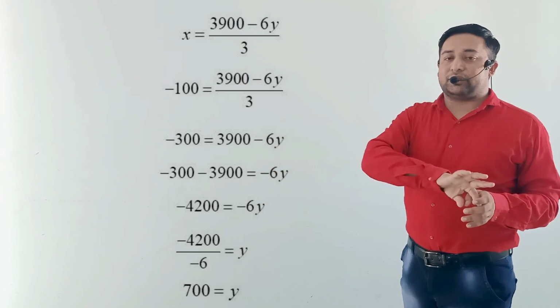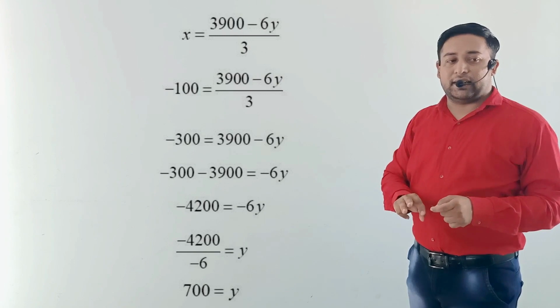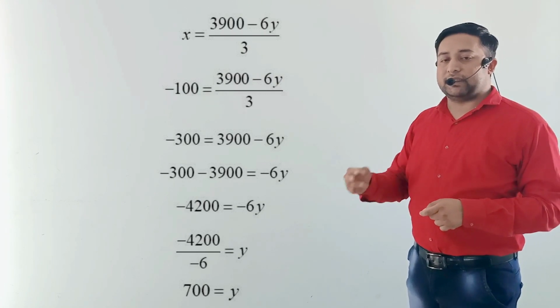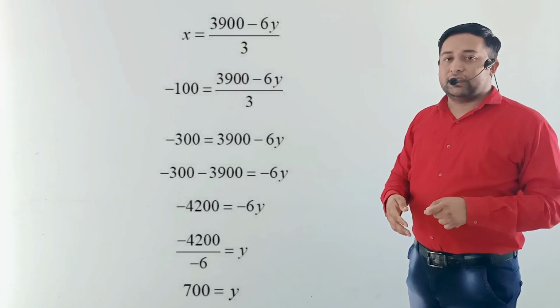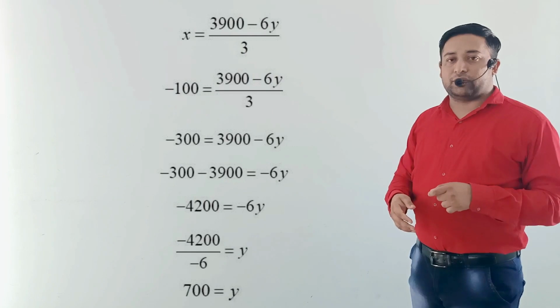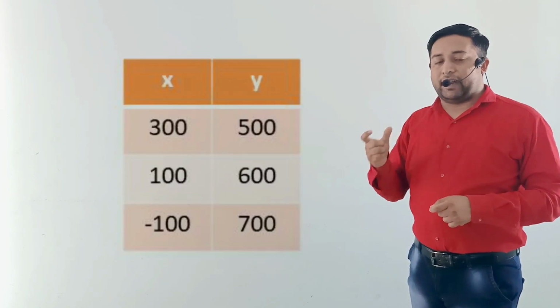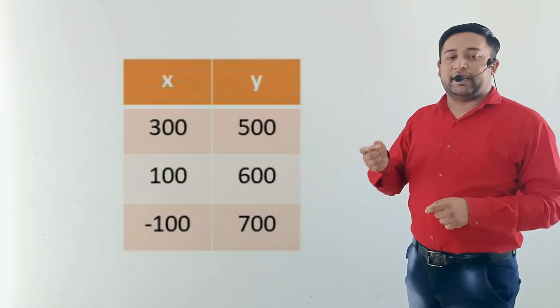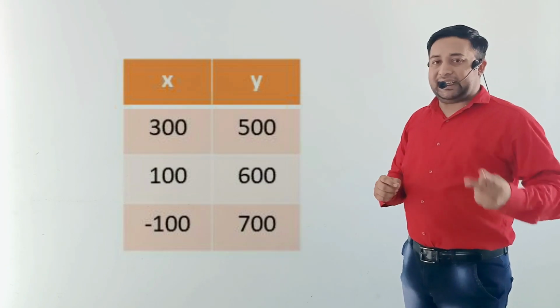Taking 3900 to this side, minus 300 minus 3900 is minus 4200, equal to minus 6y. Dividing by minus 6, I get y equal to 700. Now check my coordinates: when x is 300, y is 500; x is 100, y is 600; x is minus 100, y is 700. And now the second equation.